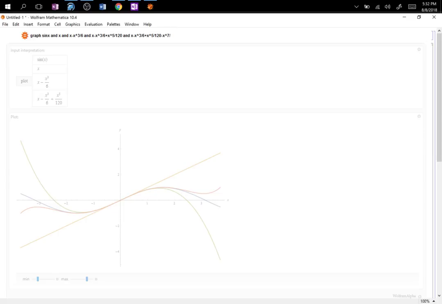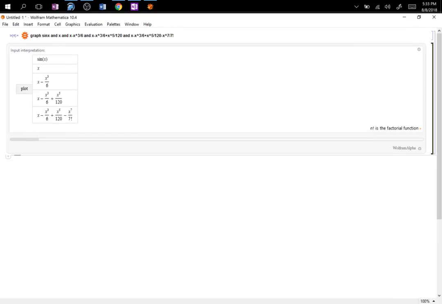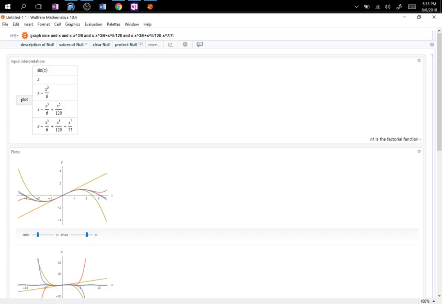Let me see, I should be able to do 7 factorial there, and just work it out. There we go. Beautiful. I think it's the purple that is joining the party now.